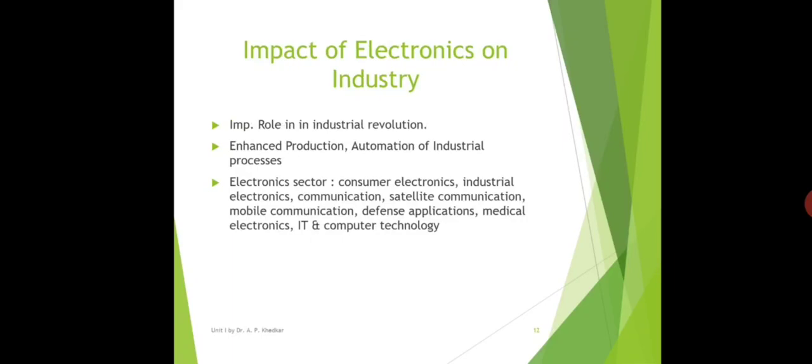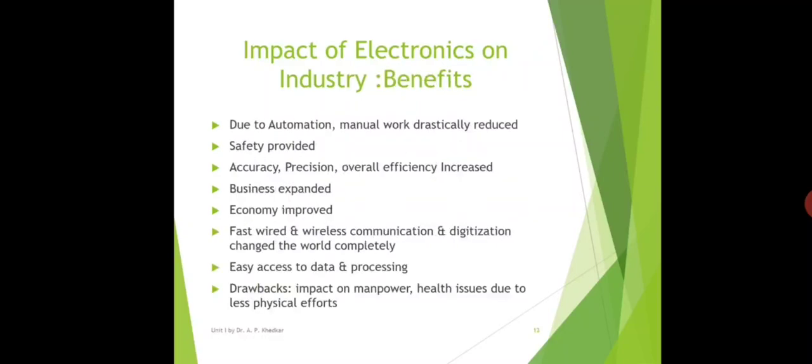So a lot of industrial revolution took place, and this has enhanced the production and overall all the industrial processes, and most of the industries are completely automated because of this electronics evolution. So this is the biggest impact of electronics on the industry.